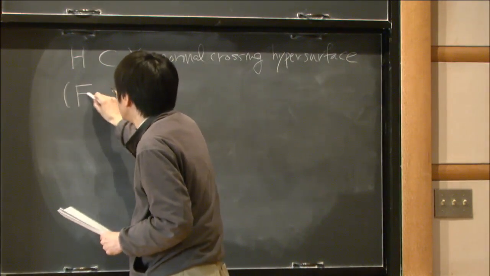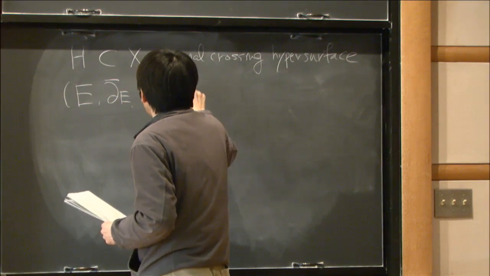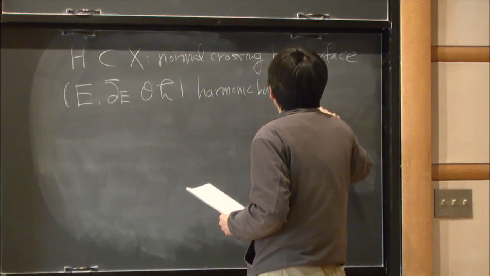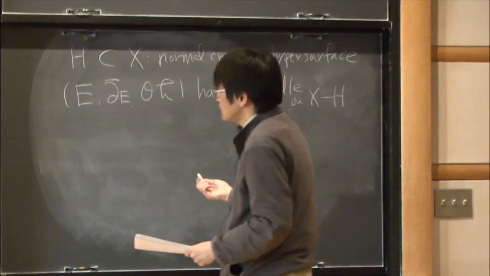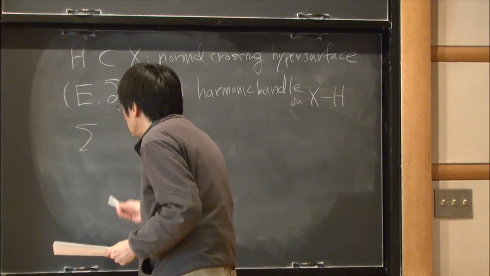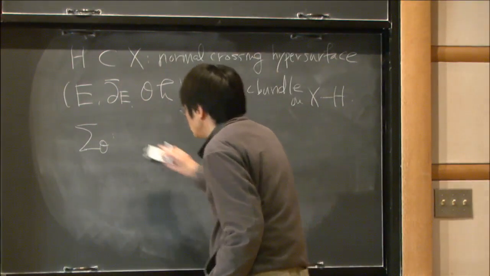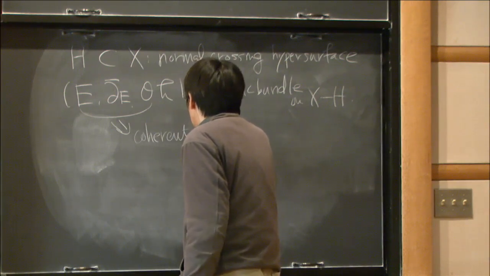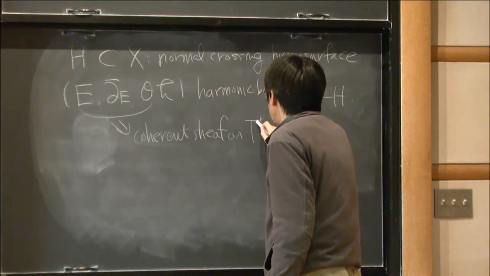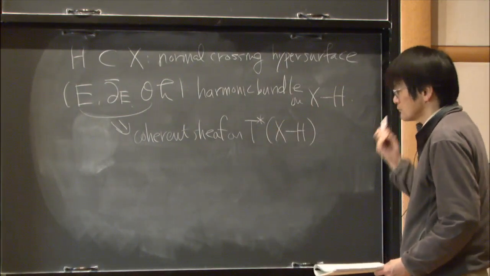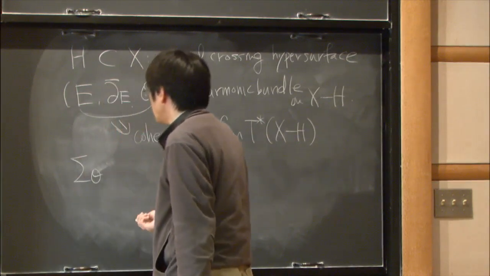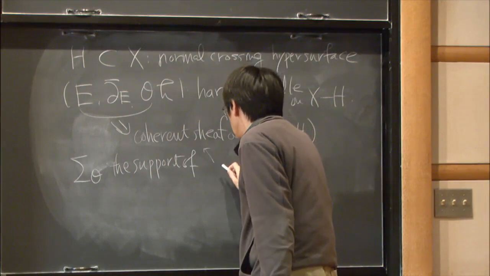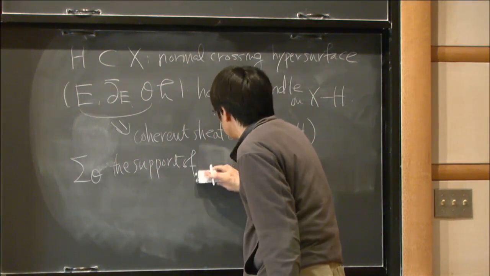Suppose (E, ∂̄_E, θ, h) is a harmonic bundle on X minus D. Then, as I mentioned, this induces the Higgs bundle, which induces a coherent sheaf on the cotangent bundle of X minus D. Σ_θ denotes the support of this coherent sheaf.